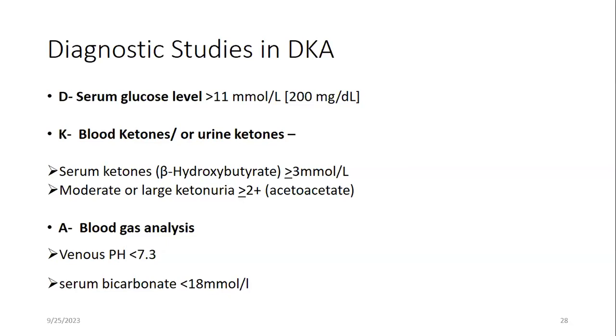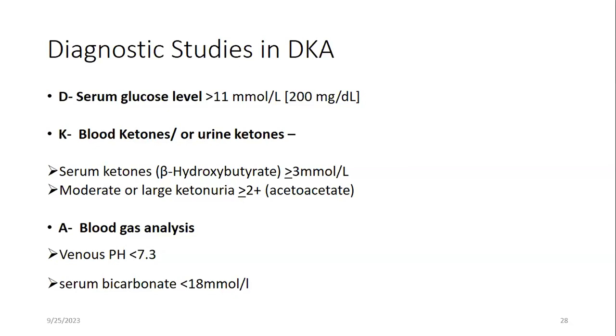So you do a serum glucose level, or you do a point of care glucose level using a glucometer. If you find that your glucose level is more than 11 millimoles per liter, or 11.1 millimoles per liter, then that patient has diabetes and might be having DKA.